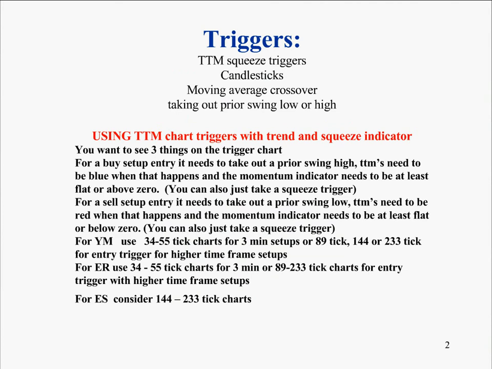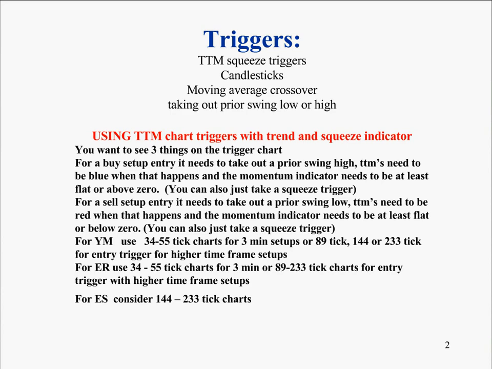Now, if you're looking at a setup, for example, on a 15-minute chart, a lot of times I like to go to a lower time frame chart for an entry, so that you can get in as close as possible to the trade zone. Because if you, for example, waited for a signal from a 15-minute trade setup on a 15-minute chart, you would get in the trade way too late, and the risk would be too high.